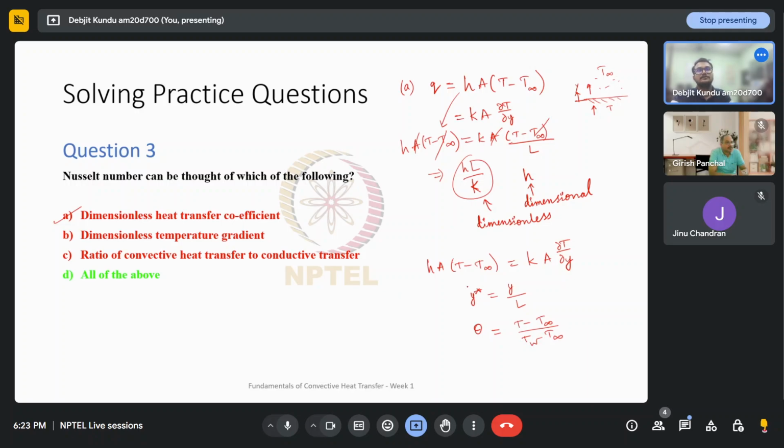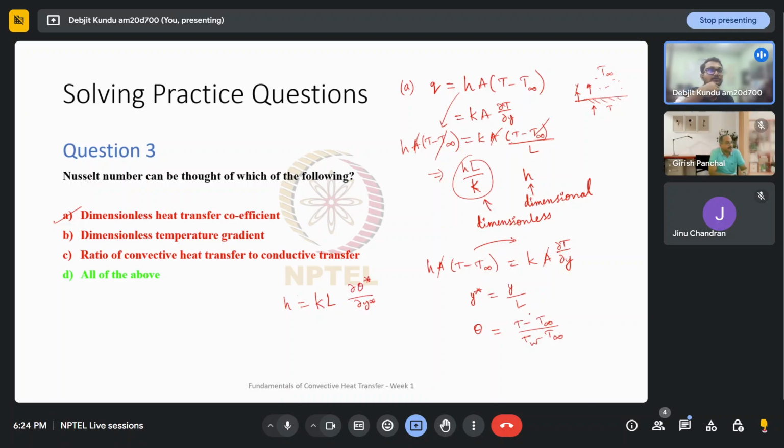Okay, so let's get rid of these two A's first, and I'll have H. I'm taking this to the right hand side, so I'll have K, and if I multiply and divide by L, so I have some L over here, and this dou Y becomes dou Y star, and this T should become dou theta star.